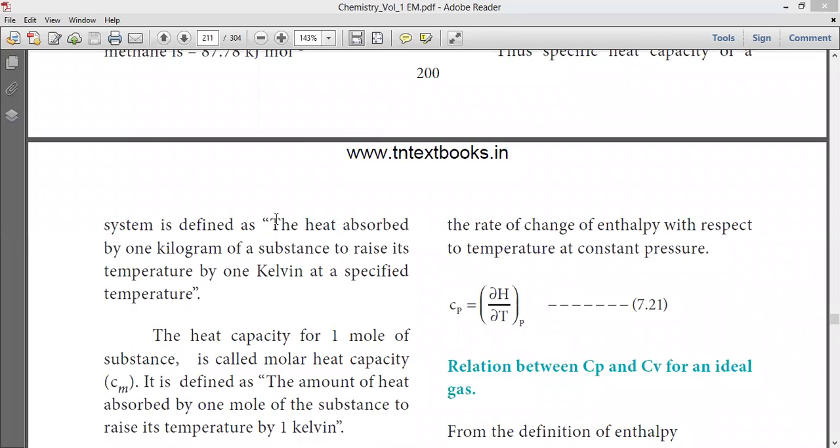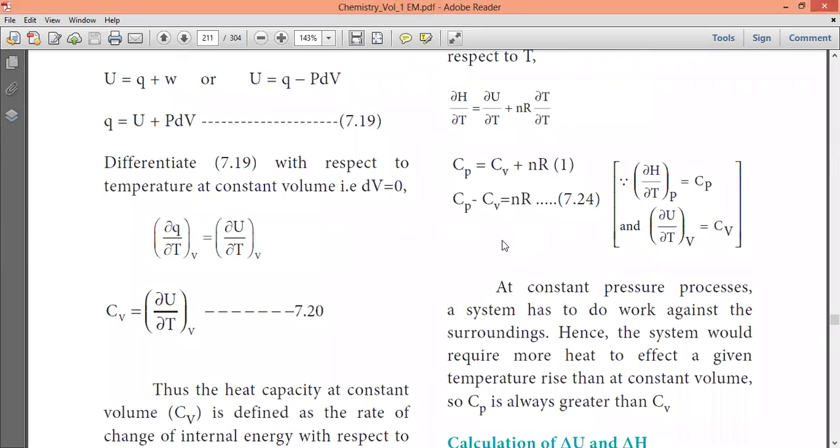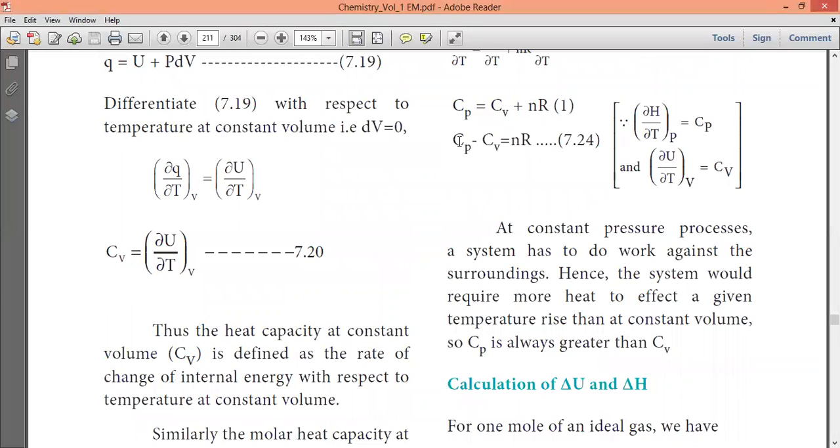So now we can tell Cp will be equal to Cv plus nR, since dou U by dou T is equal to Cv. So we get Cp minus Cv equal to nR. At constant pressure the system has to do work against the surroundings.